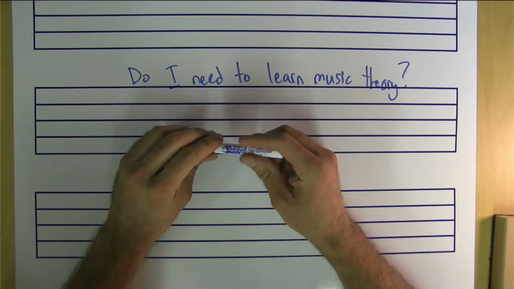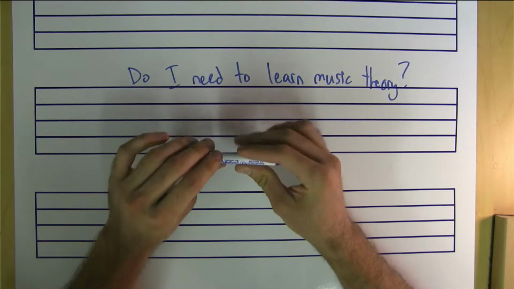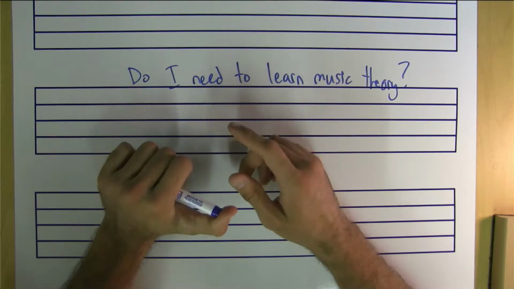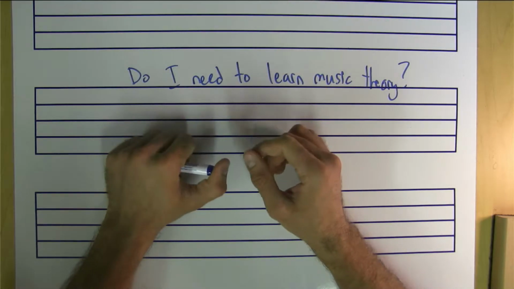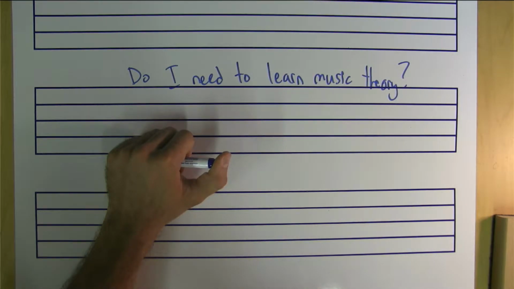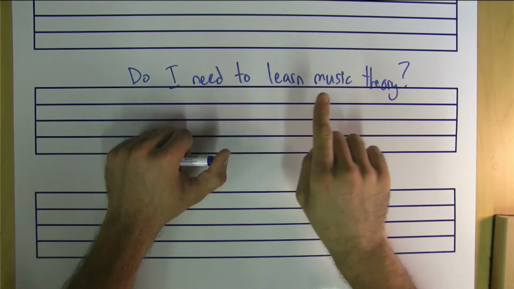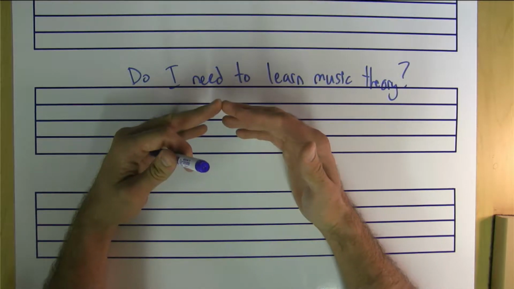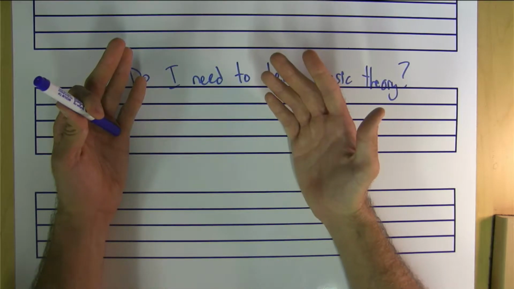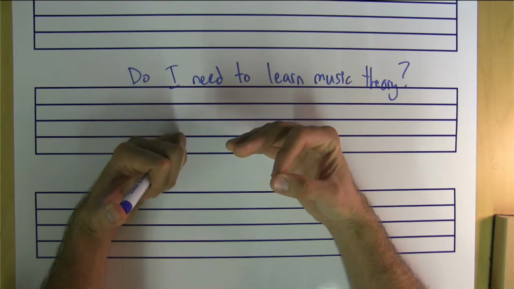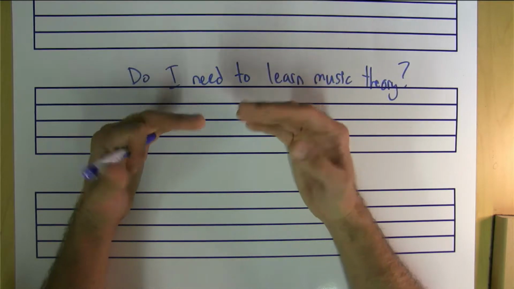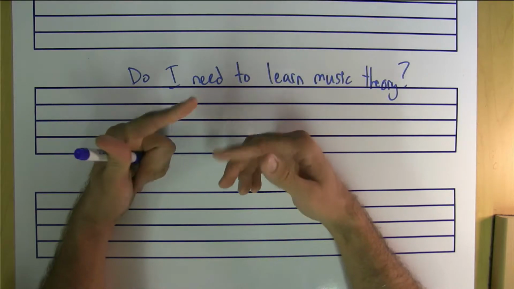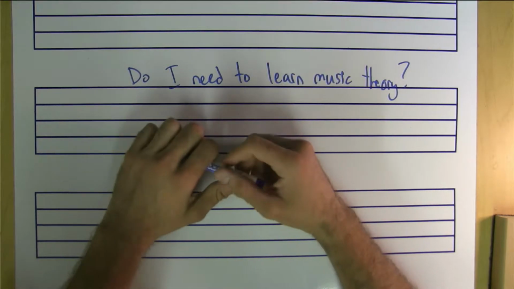I think that very often when people ask whether you need to learn music theory or not, there are two concepts that get conflated. So, first of all, what music theory actually is: the study of pieces of music and how certain things inside of those pieces work to create that work of art.